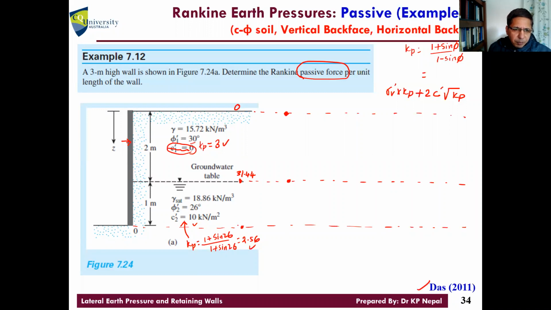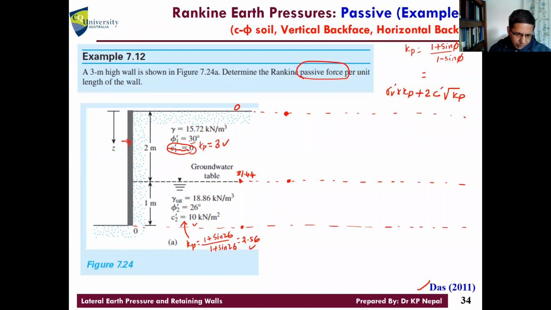And then at the bottom, how much is it now? 2 times 15.72, which is very loose, very low density. Plus another one: 1 times 18.86 minus 9.81, because of the water table, so we need to subtract 9.81.